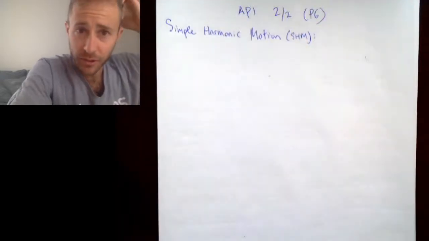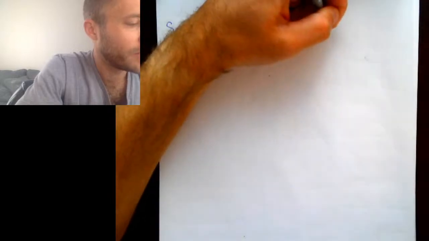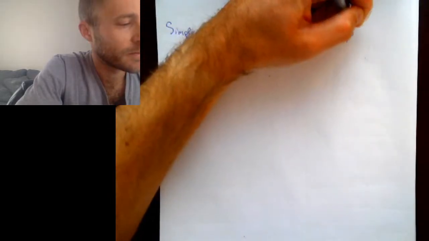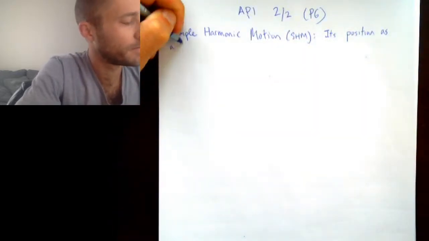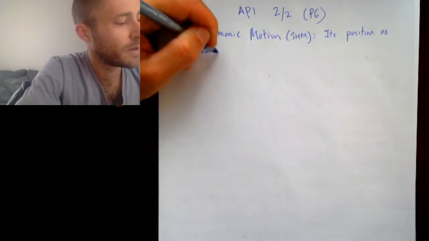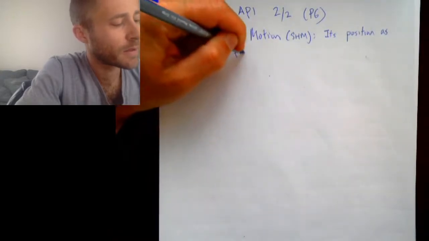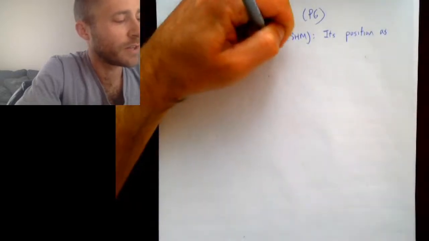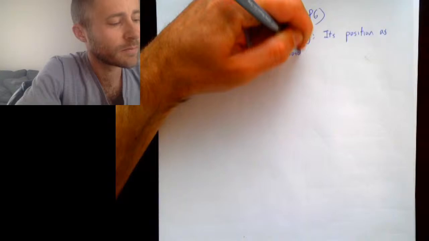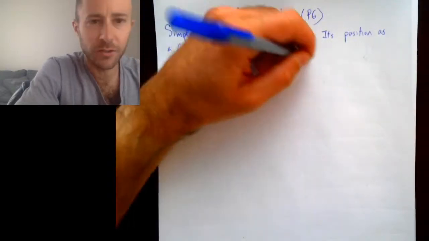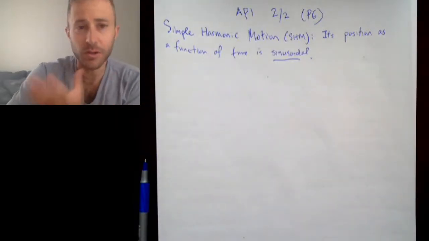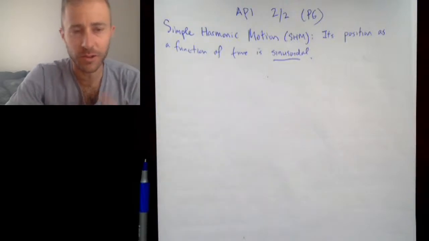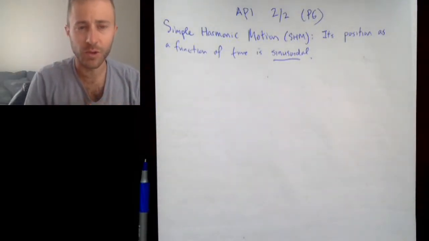And so something is undergoing simple harmonic motion if its position as a function of time is sinusoidal. So sinusoidal means that it can be like a sine or a cosine or a negative sine or a negative cosine. So any one of those trig functions, okay?